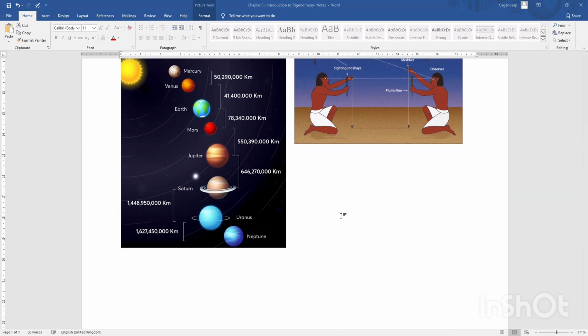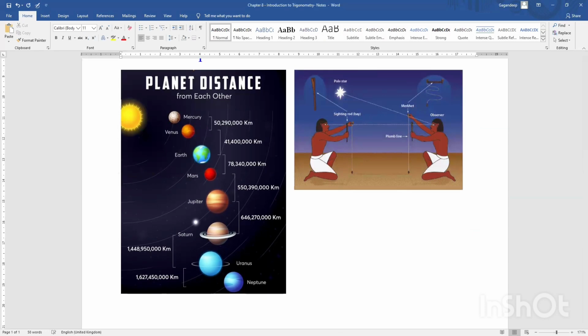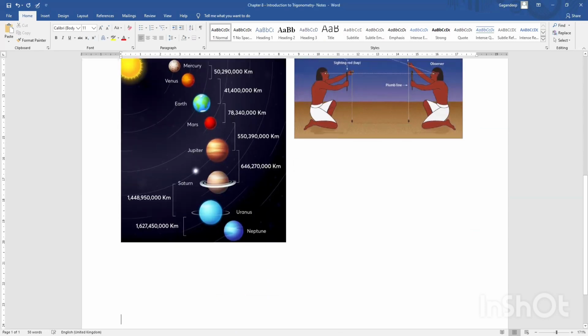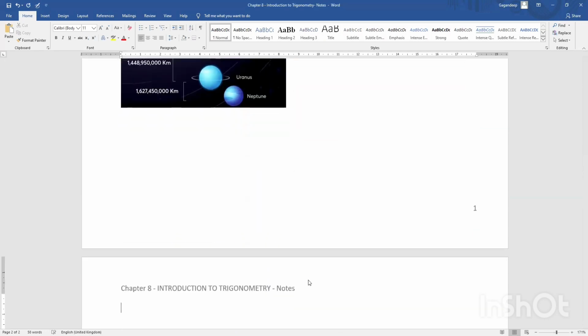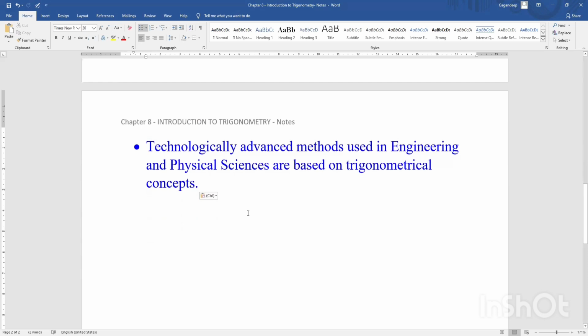The next one: the technologically advanced methods used in engineering and physical sciences are based on trigonometrical concepts. We have one picture also for this.